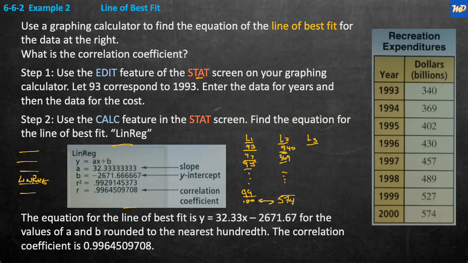It's telling you here that your A value for your ax is 32.33333 forever, pretty much, right? And then your B term, here's your B term, it's going to be equal to negative 2671.6666. Okay, so that's your B term.